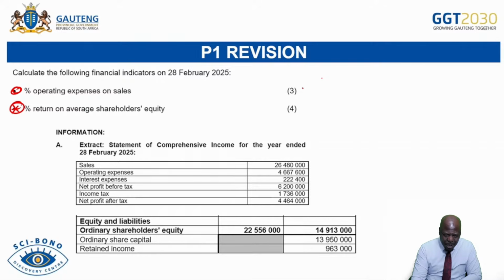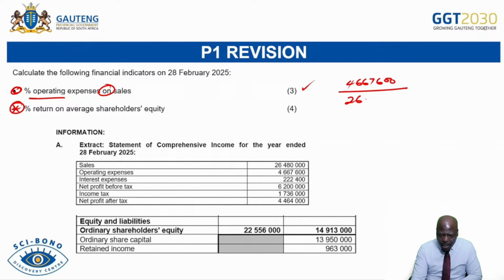Okay, so first let me do this one here, the operating expenses on sales. To do that one, you're just going to say your operating expenses. Remember, in the question is the formula. It is your operating expenses on sales. So it would be your operating expenses, which is 4,667,600 on your sales.